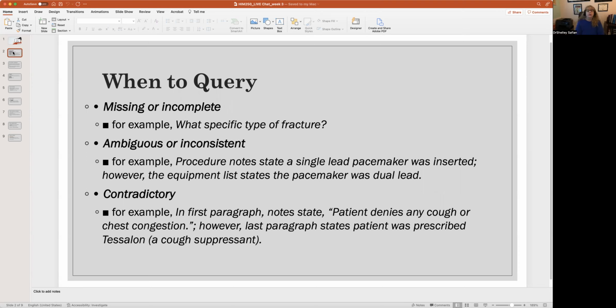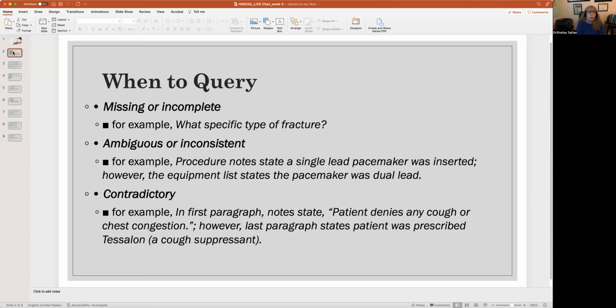Now, something like laterality is important, and generally physicians are trained to include that. But there are going to be other details that may be missing as you go through the documentation, especially because each year the code sets are updated and require more and more detail.